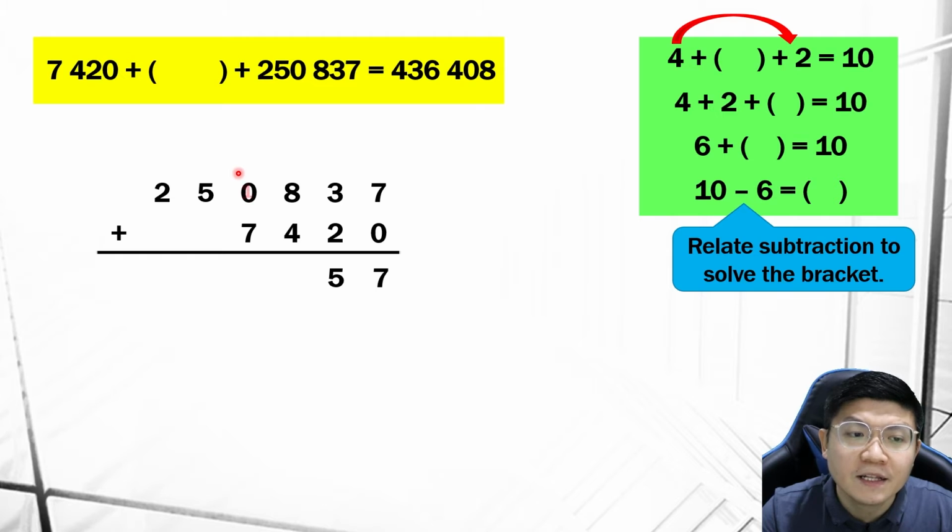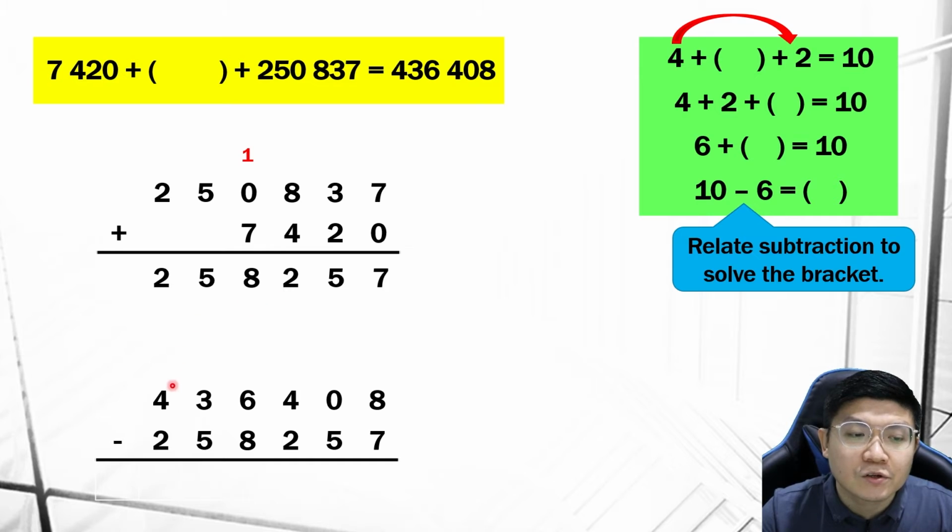So 1 and 2. 7 plus 1, 8. So this brings down 5 and this brings down 2. In the first step, I total this and this. Now, second step, I'll be taking the final total here, minus whatever is here.